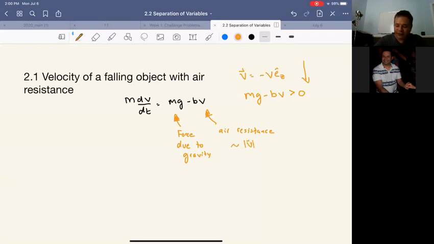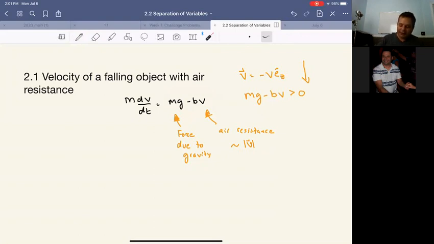Air resistance in general is taken to be proportional to the speed of your object. Now this has to be greater than 0 because it doesn't make sense that your air resistance is going to actually take your object up. I guess with a leaf or something you could imagine that it happens, but not in our object that we're going to be playing with.